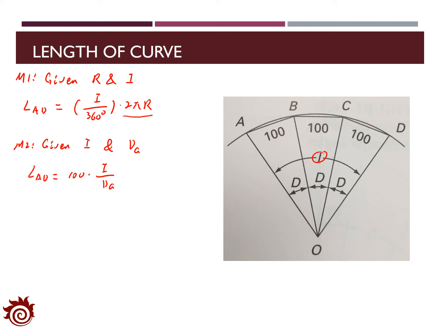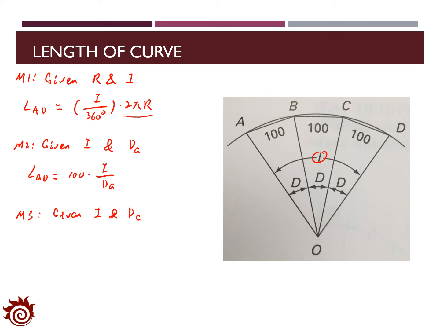In the third method, we can use the degree of curvature with the chord definition for the estimation of the curve length. So we are given I and DC.